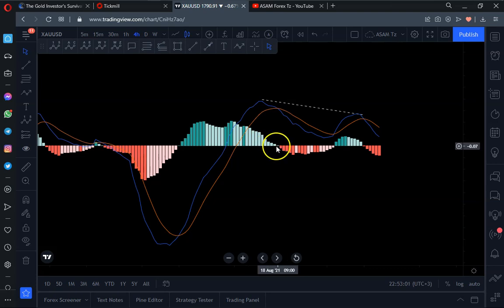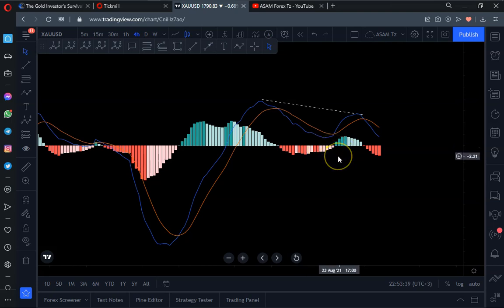When histograms are hitting the zero line, they usually indicate the beginning of momentum in a particular direction, because the histograms give us information about momentum, the issues on overbought and oversold conditions, exhaustion of momentum in a particular direction, and building up of momentum in a particular direction.